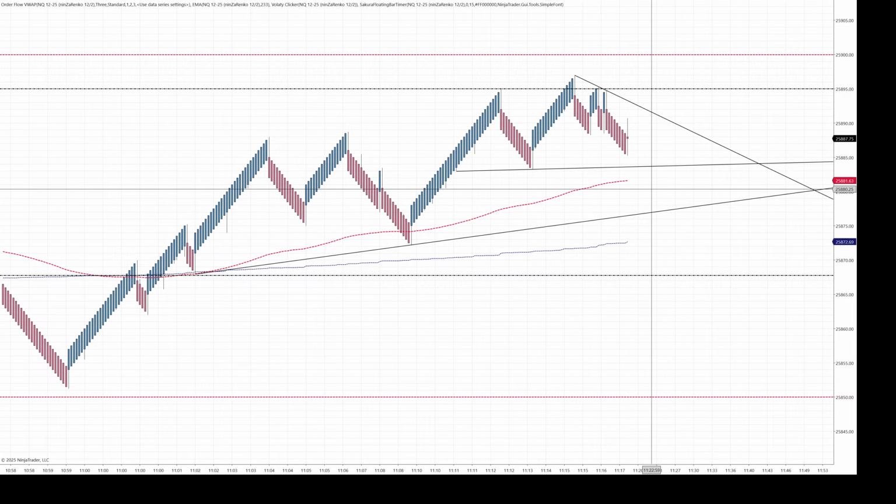Yeah, and this price action is kind of horrendous a little bit. Just not very fluid.